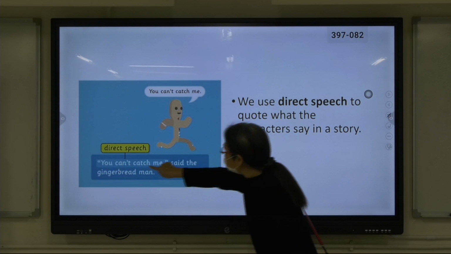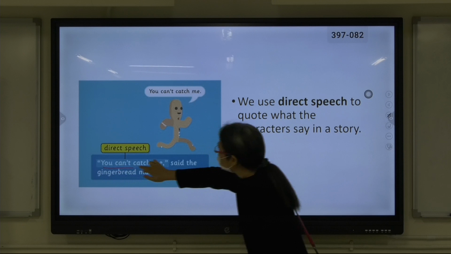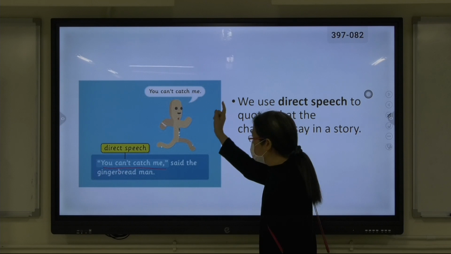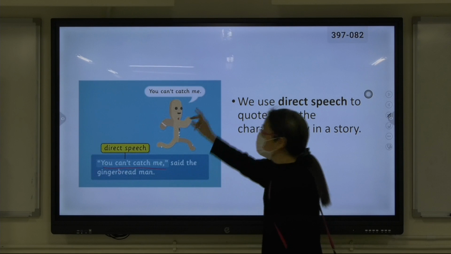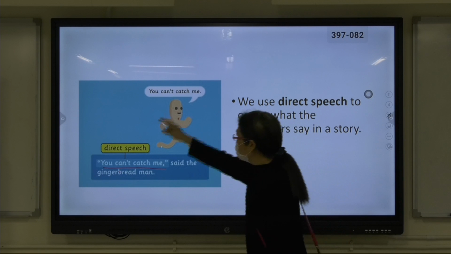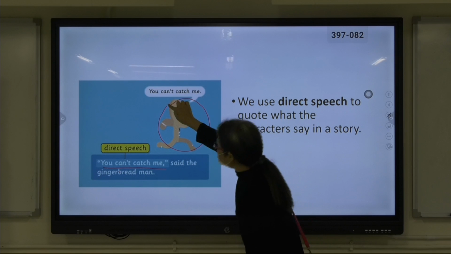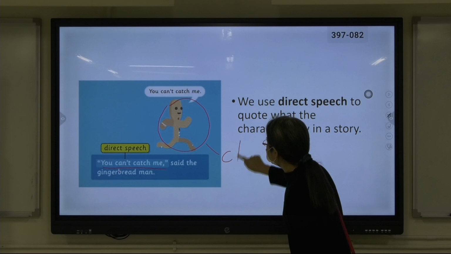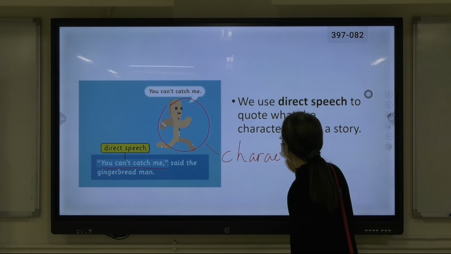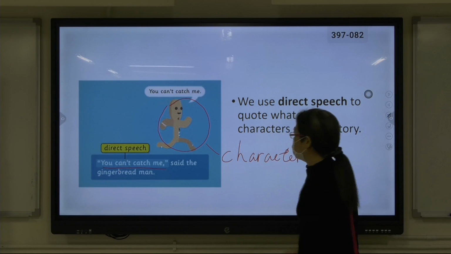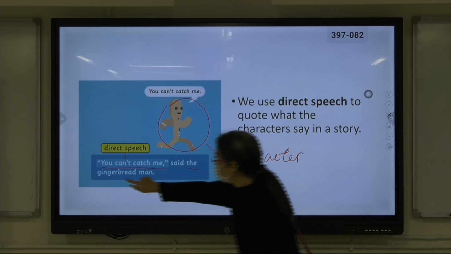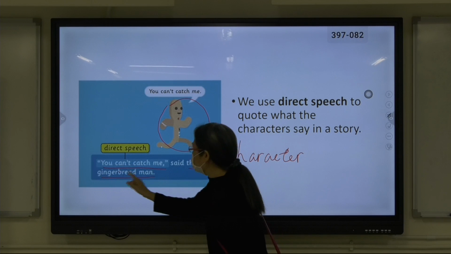The exact words the character says. This is the character, the gingerbread man.